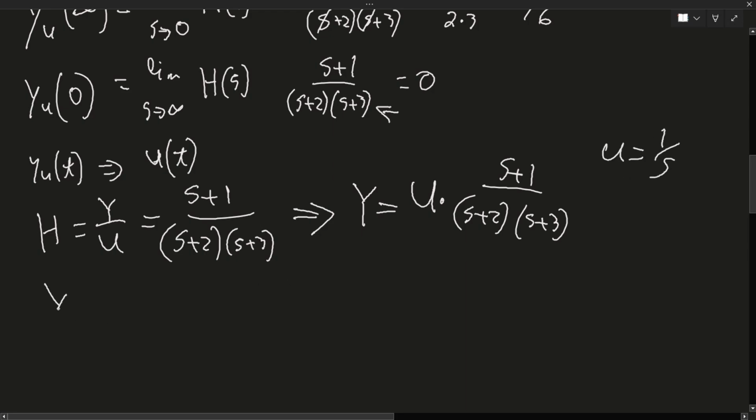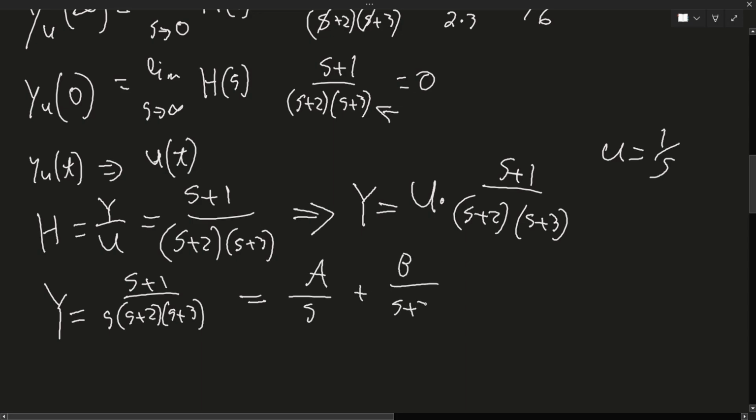So your y becomes s plus 1 over s, s plus 2, s plus 3. And all we need to do is the reverse Laplace transform. I'm just going to speed run this, but basically you have to use partial fractions: A over s plus B over s plus 2 plus C over s plus 3.